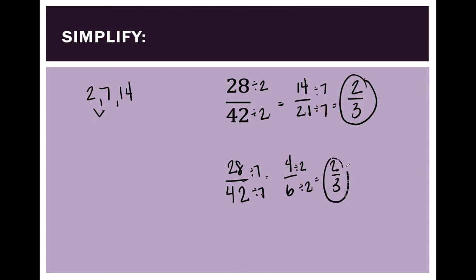That gives you the same answer. Or finally, if you are lucky enough to recognize that 14 can be divided evenly by both of these, you can simplify in one step and still get 2/3. So any of these methods would work for simplifying fractions.